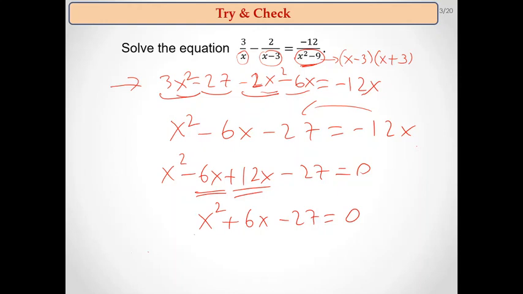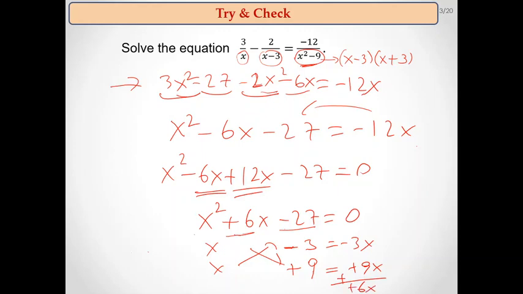And can we factor this? Okay, x and x, there's a minus here, so at least one of them is plus, the other is minus. But here this one is plus, so the big one should be with the plus. So 9 times 3, okay, it makes this. Yeah, okay, we got this one.